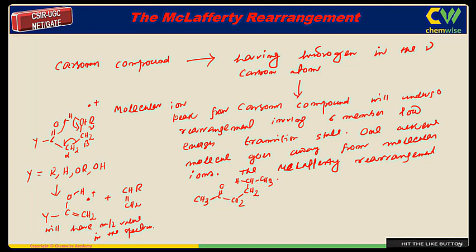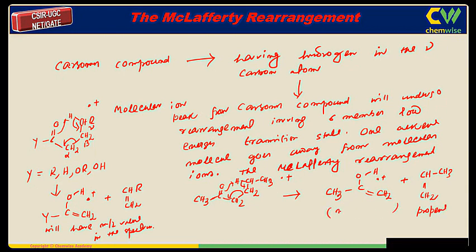Now think it's a molecular ion peak, so rearrangement will happen on this fragment. So we'll have CH3 C OH double bond CH2, plus CH CH3 double bond CH, meaning propene, plus the m by z value for this peak.